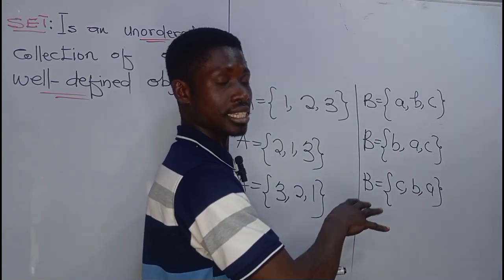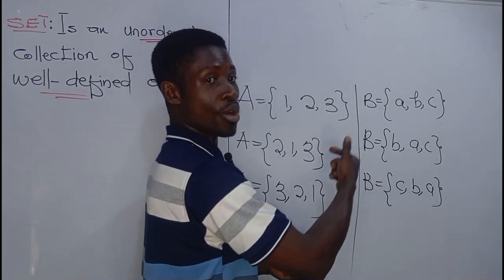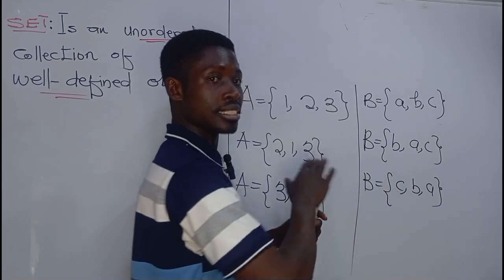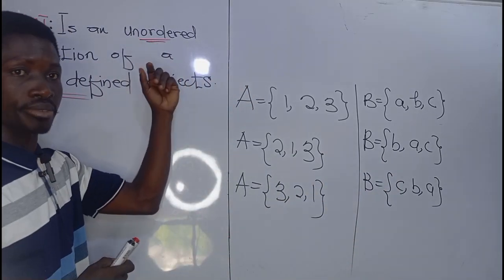They must be intact. If that happens, the order of arrangement of the element within the set doesn't matter. That is the meaning of the unordered.